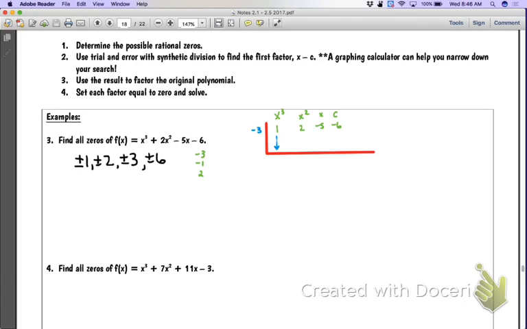I'm going to drop the 1. -3 times 1 is going to be -3. Straight down is going to give me a -1. -3 times -1 is going to give me a +3.